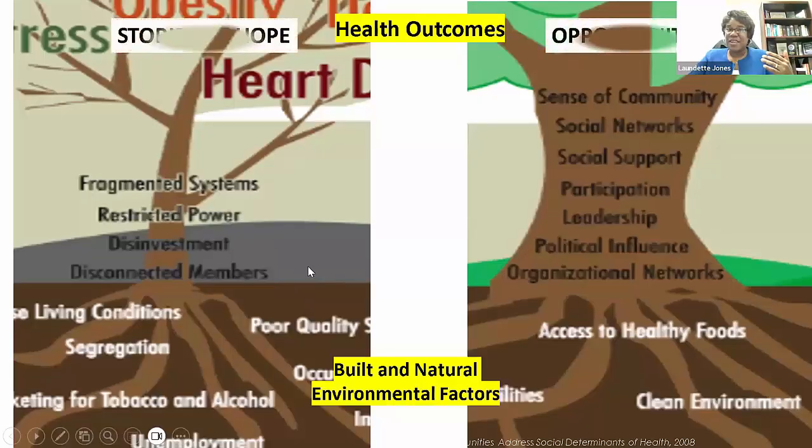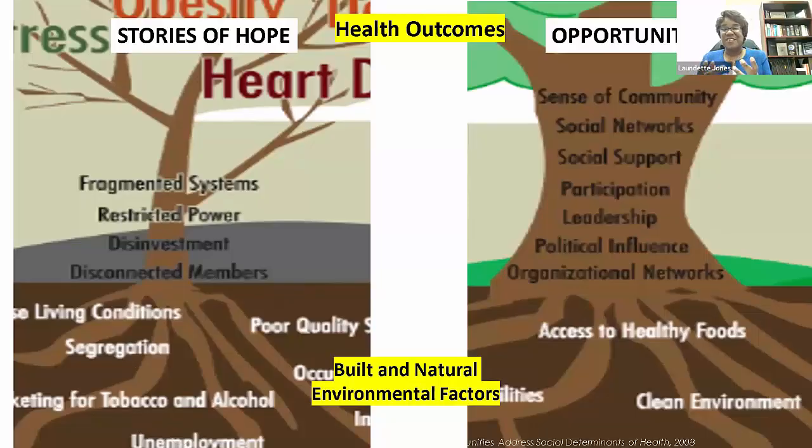The other thing that I notice is that within these communities, what maybe isn't seen often and doesn't really get placed in the news is that there are many, many amazing people in communities that have stories of hope, that even have solutions to some of the most pressing problems.